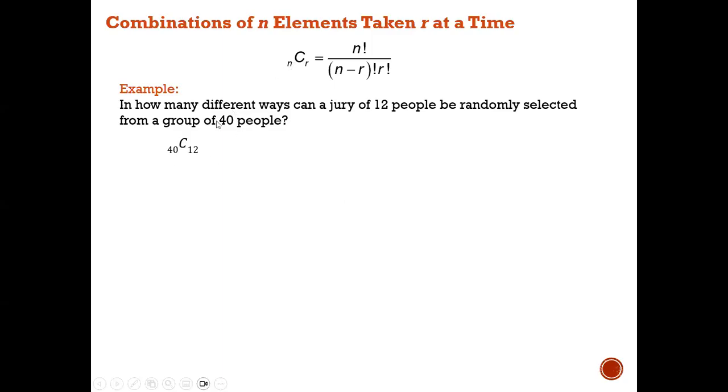That's how many we have in the big group. And how many are we choosing? 12. That's our r. So plugging this in appropriately, 40 factorial over 40 minus 12 factorial times the r factorial, which is 12 factorial. 40 factorial over 40 minus 12 is 28 times 12. We get this number right here. That's a lot. There's lots of ways we can pick 12 people.